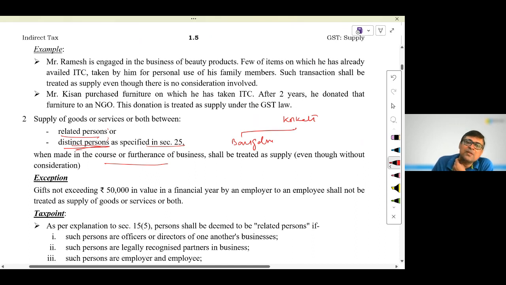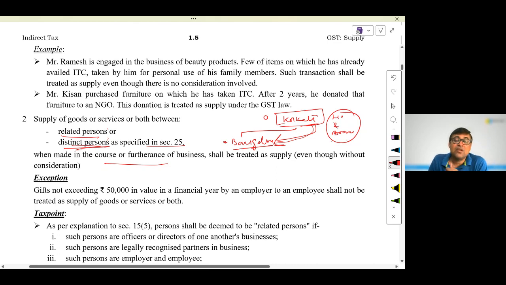Suppose the Kolkata head office is supplying certain goods to the Bangalore branch. There is no consideration. Is the transaction between two persons? Ideally, the head office and branch are treated as the same person. So ideally, this is not a transaction between two persons. Hence, it should not be considered as supply.